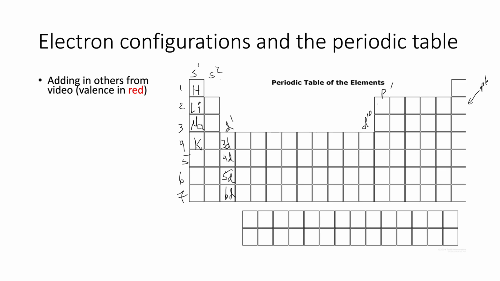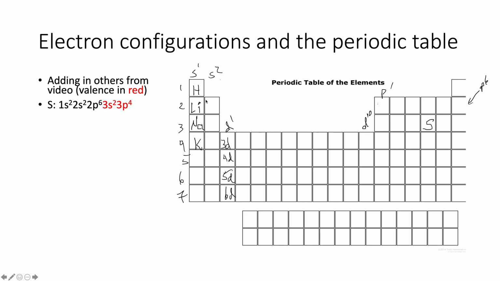We're going to do a few more from the video that we did, and think of it like you're giving directions. Think of these as street names. This is the 1s street, and this is the first house and the second house, and this is the 3p street, and there are 6 houses. For example, we did sulfur. How do you get to sulfur?